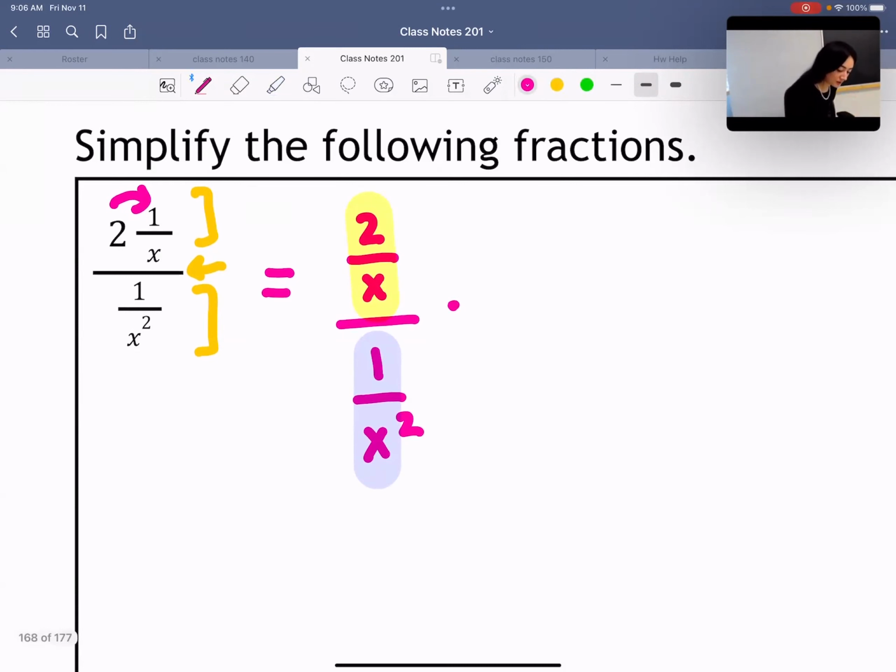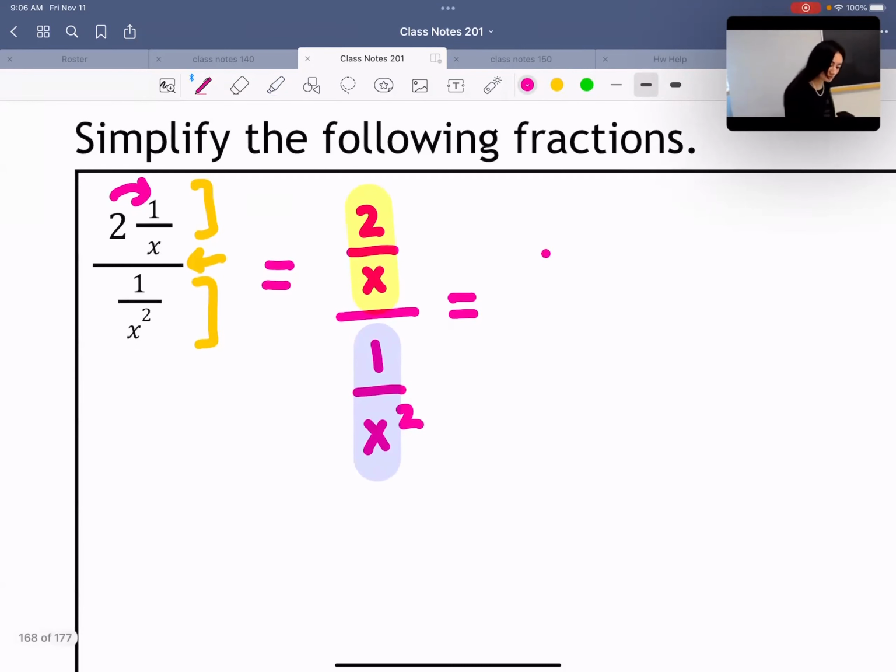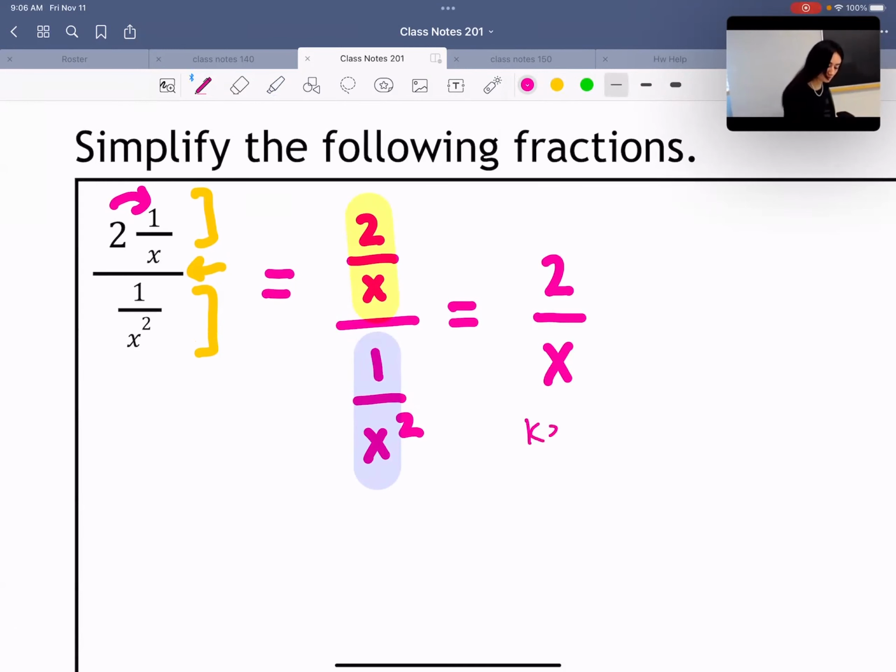Once we're here, keep the top fraction alone, so we're just going to keep this the same. You're going to change the division into multiplication, and then flip the other fraction, x squared over 1.